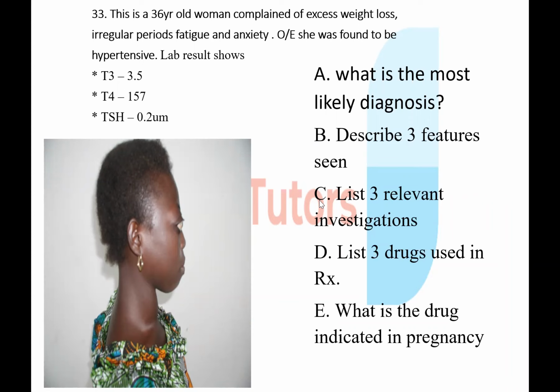Graves' disease. Exactly. So you say hyperthyroidism, likely secondary to Graves' disease. If you say that, you get your full mark. But if you just say hyperthyroidism, you'll probably get half mark. Okay. So B, describe 3 features.